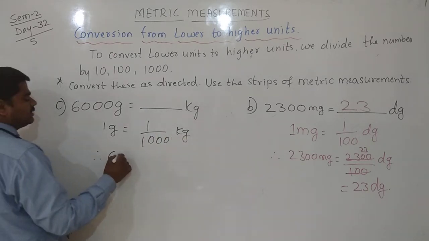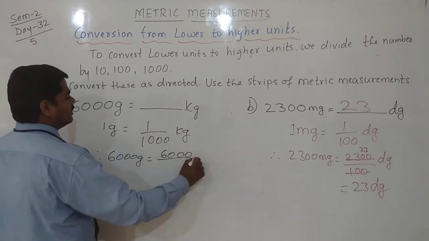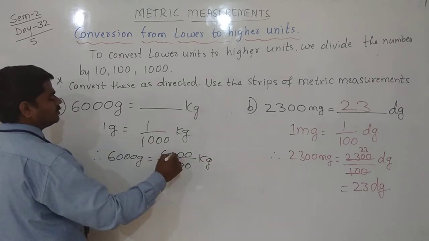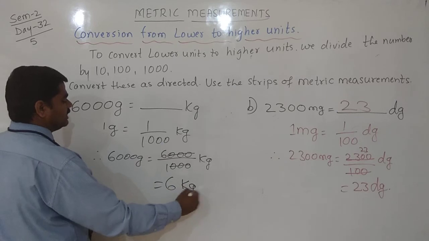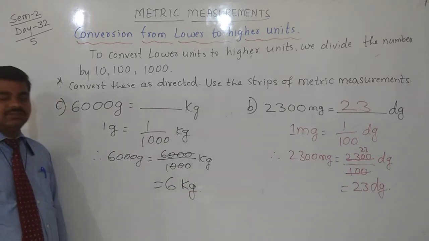Therefore, 6,000 gram is equals to 6,000 by 1000 kg. These 3 zeros, 6 by 1 is 6 kg. Then write 6 kg is the answer.